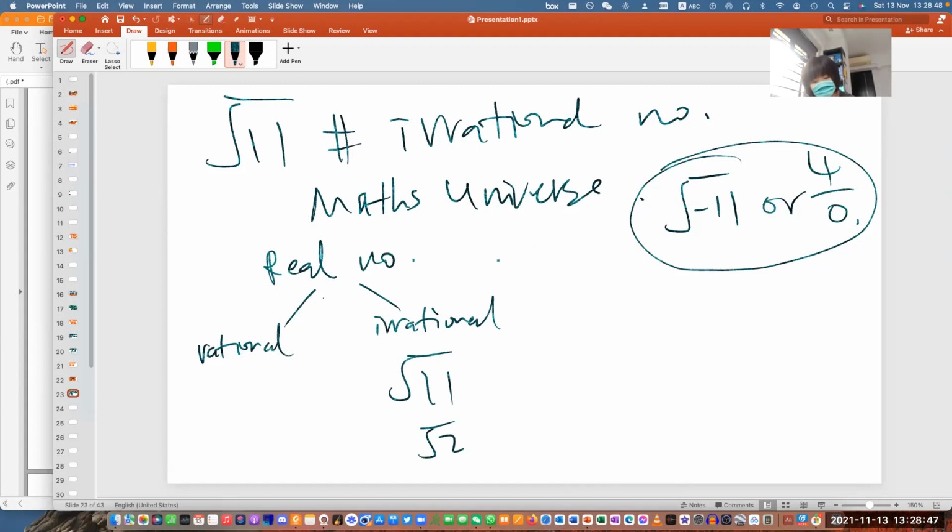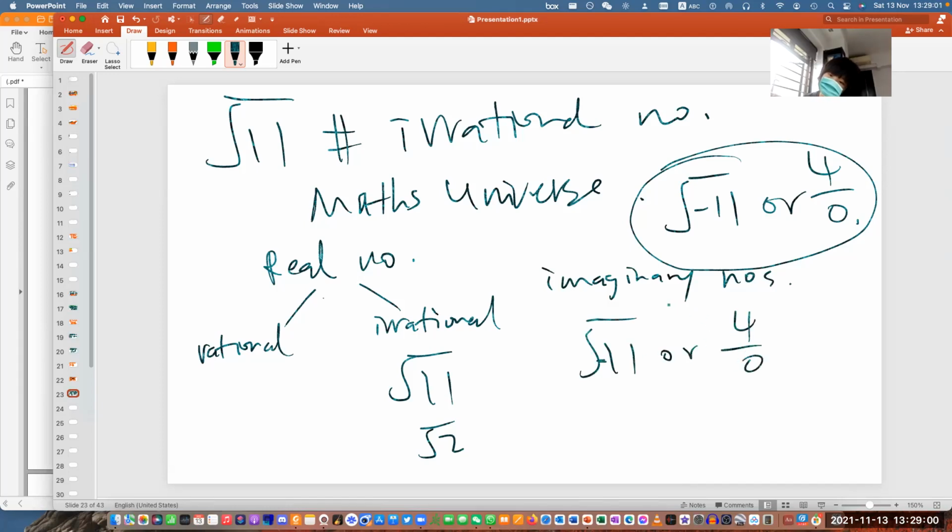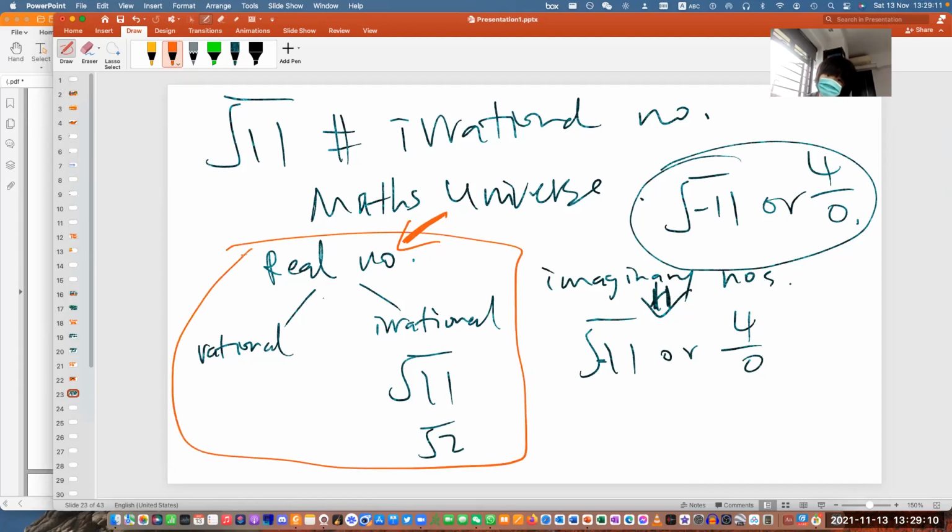The opposite of real numbers is called imaginary numbers. So all these are under imaginary numbers. But of course, for your level, for your math universe, you only need to care about this side.